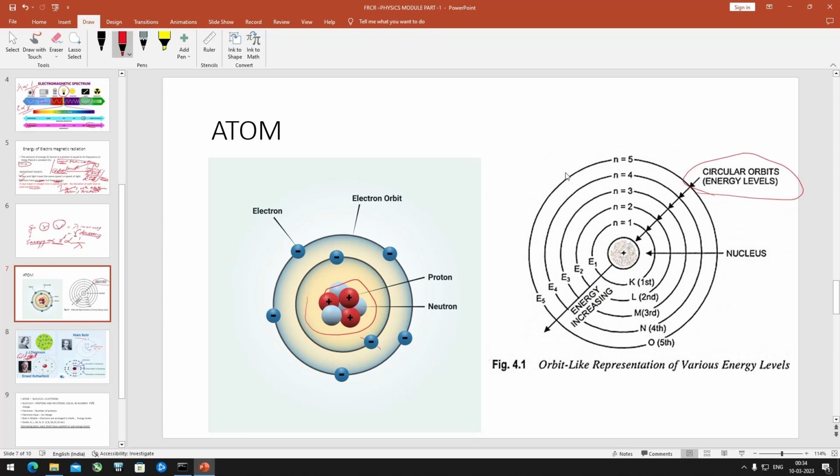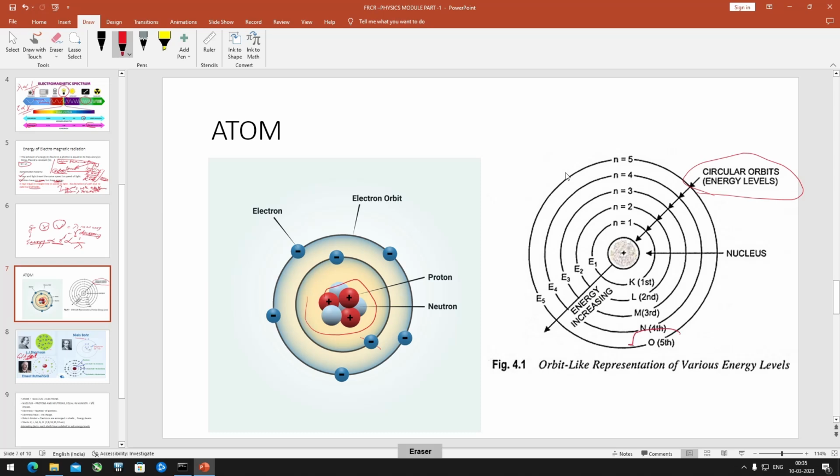So why are they arranged in these levels? Each level has a different kind of energy. The closer the shell is, the lower the energy level of the electrons, or the binding energy is more while the electron energy is less. Meanwhile, the outer electrons are very loosely bound to the nucleus and can be kicked out easily.